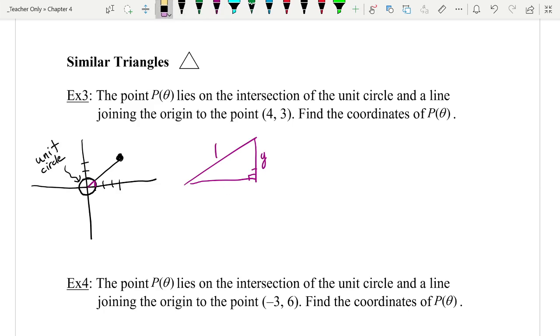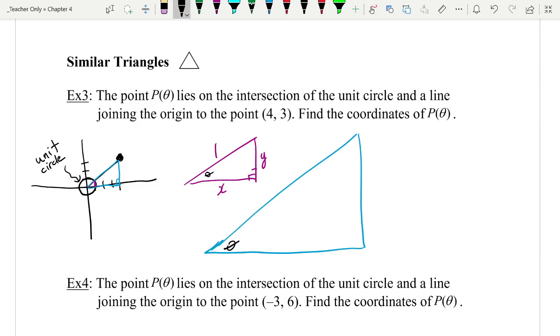And that's really ugly. Let me fix that. But the blue triangle, this big one, it has to be the exact same shape as that one. It has to be the same shape, and this theta here has to be the same.